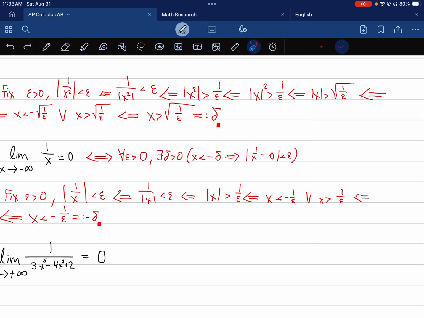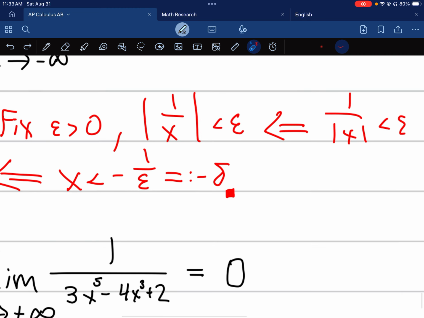And basically, what I'm going to say is that we're going to look at what we want to get. We want to get x is less than minus delta. Here we have x is less than minus something, or x is less than something. So we're going to take this one and try. So x is less than minus 1 over epsilon. And we could just define this to be not our delta.